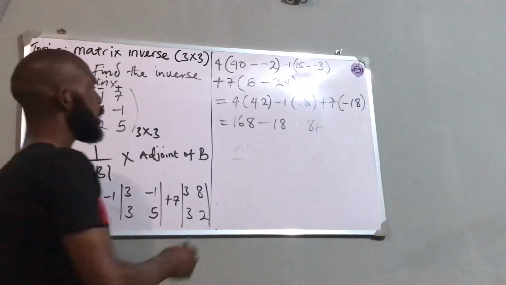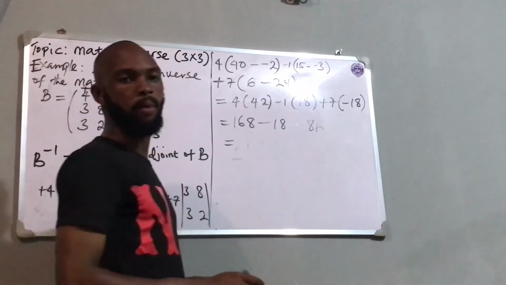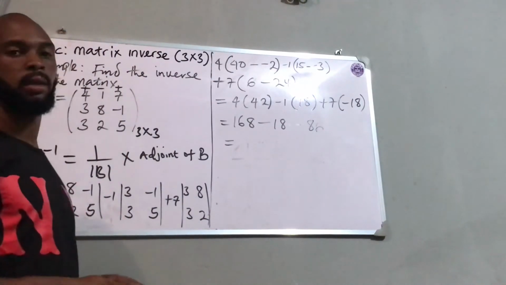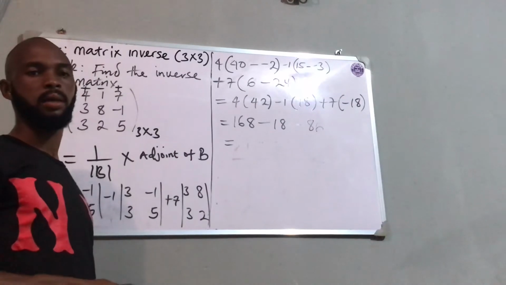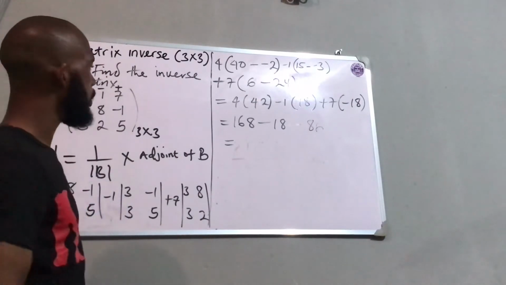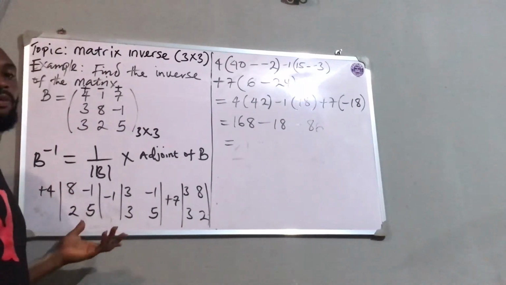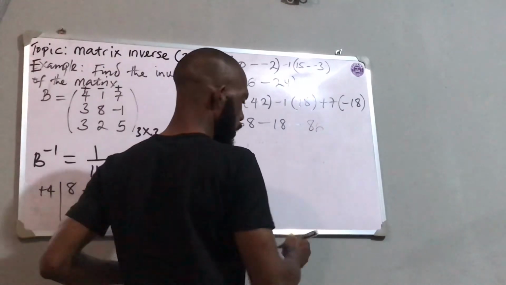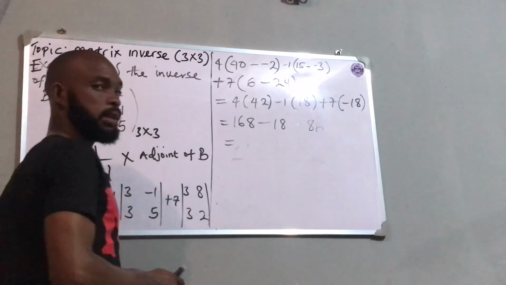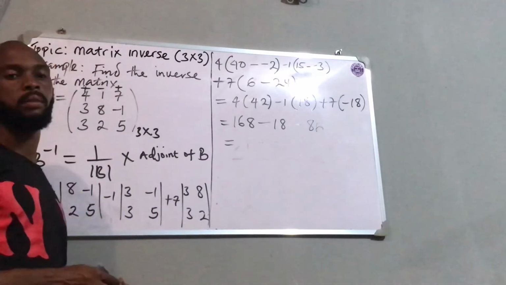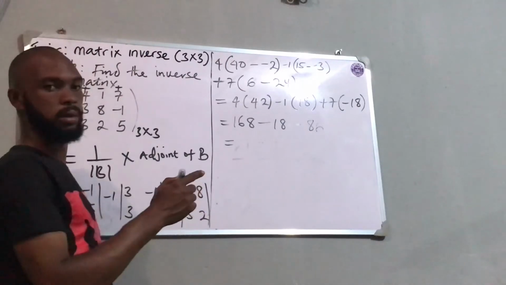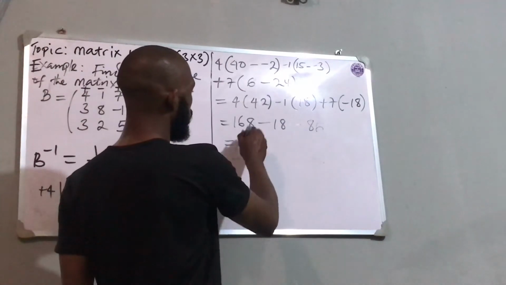So if I do my calculation here, I'm going to get 168 minus 18 minus 126. I'm going to get my determinant of B to be equal to, if you do that correctly, 24, right? I think that's correct. 64.